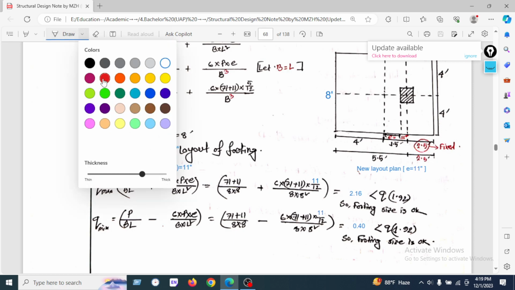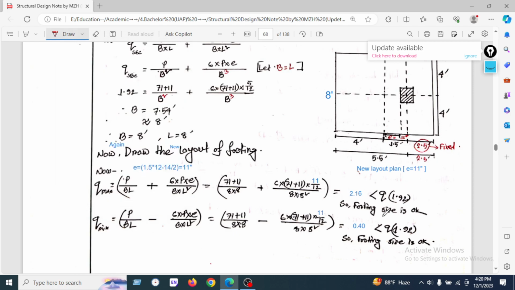Maybe I have forgotten to write the value here. The direction will be like this. The maximum value will be 2.16, which is greater than the soil bearing capacity, and the minimum value 0.16 is less than the soil bearing capacity.